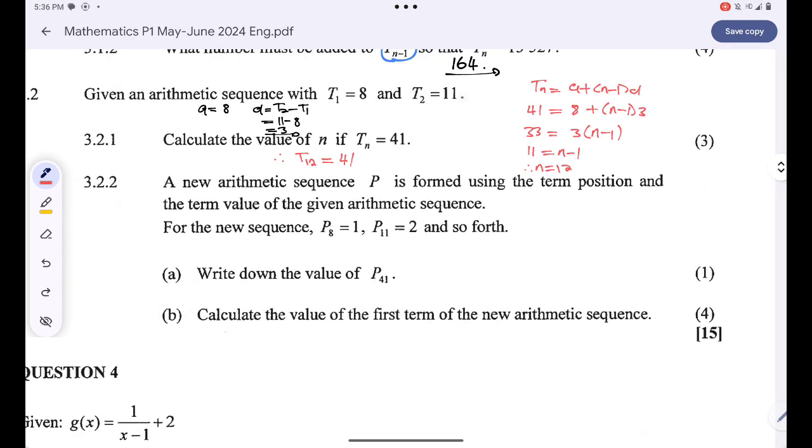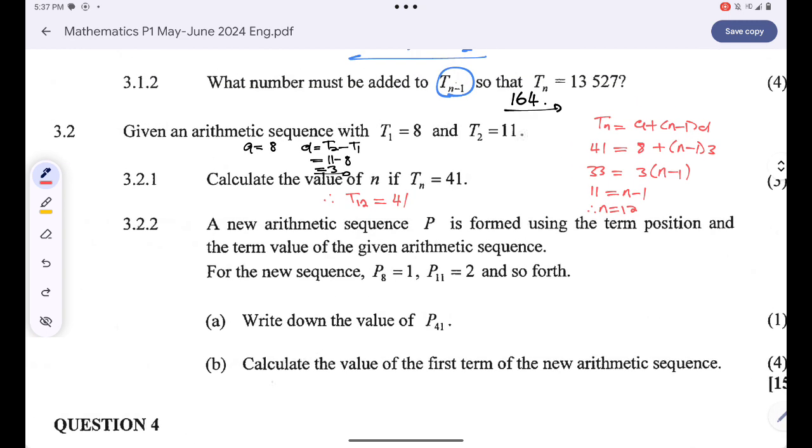Okay, and then now we are told that a new arithmetic pattern P is formed using the term position and the term value of the given arithmetic sequence. For the new sequence, we have P8 being equal to 1 and P11 being equal to 2. So for us to form this new arithmetic sequence, we just need to interchange these two. This will become the term, and then the 8 will now become the position.